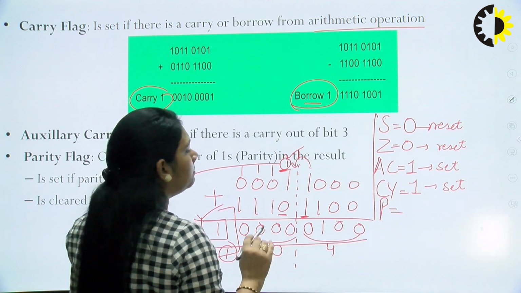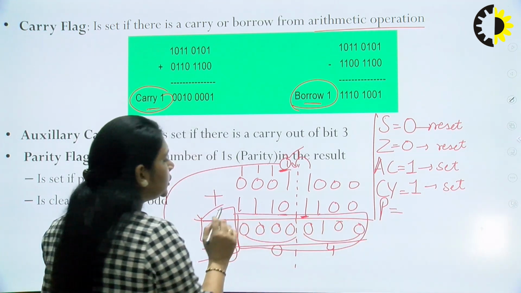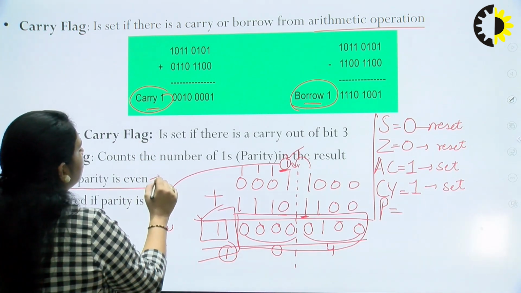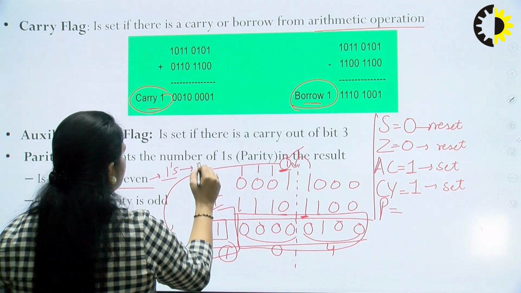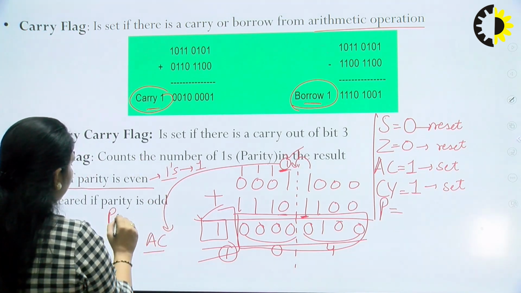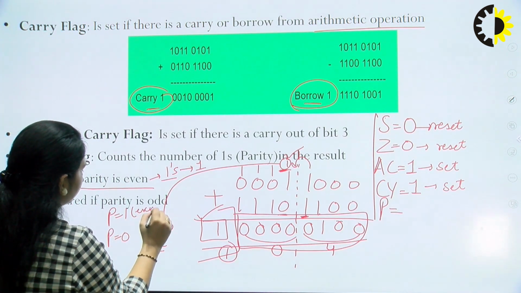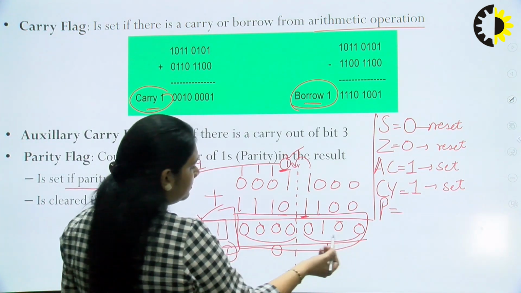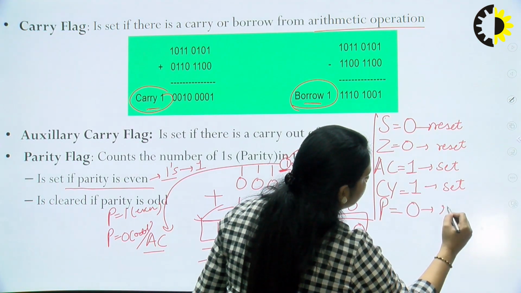Now the last is the parity. Parity means the number of ones in the result. This is our result and the total number of ones. If the number of ones is even, then it will be set, meaning the parity will be 1, and the parity will be 0 if it is odd. So here the number of ones is odd, so the parity is 0.